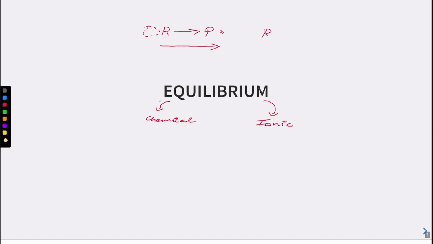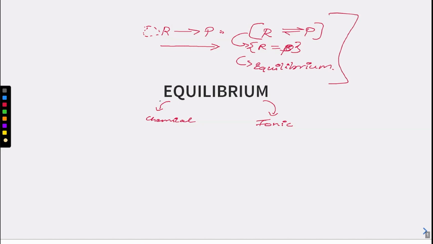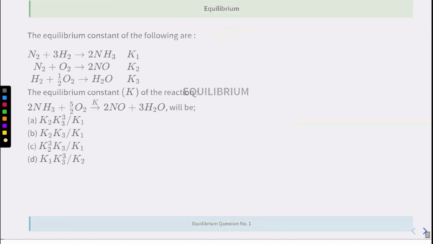Now say the same equation becomes a reversible equation where you can also go in the backward direction, then our entire reaction will happen until our reactants can be equal to the products in their concentration. Now, this state where the reactants become equal to their products, we particularly say this to be an equilibrium. Okay, so I hope you just remember this much, a brief of what the chapter is. And with that in mind, now let's start the questions.